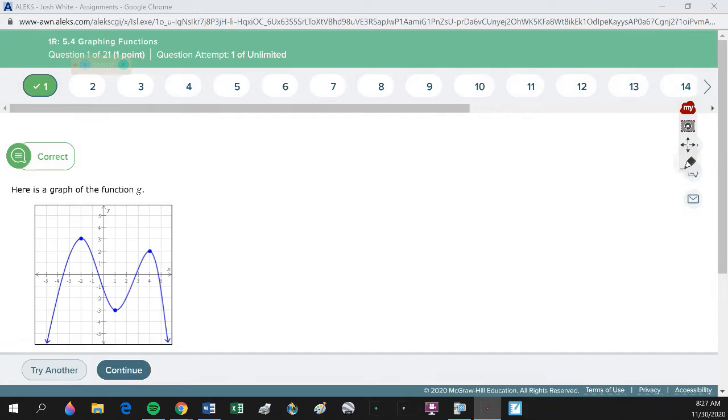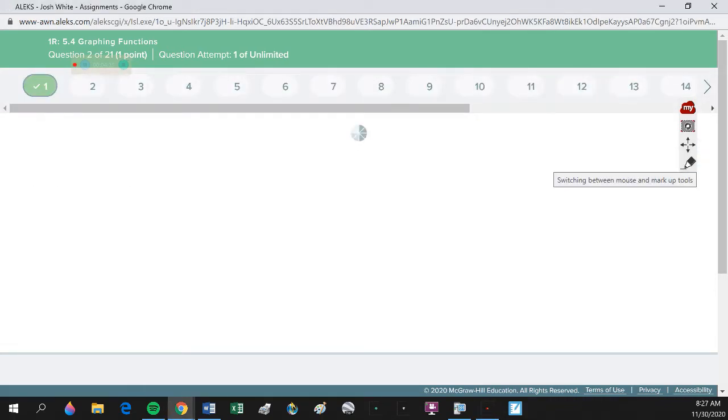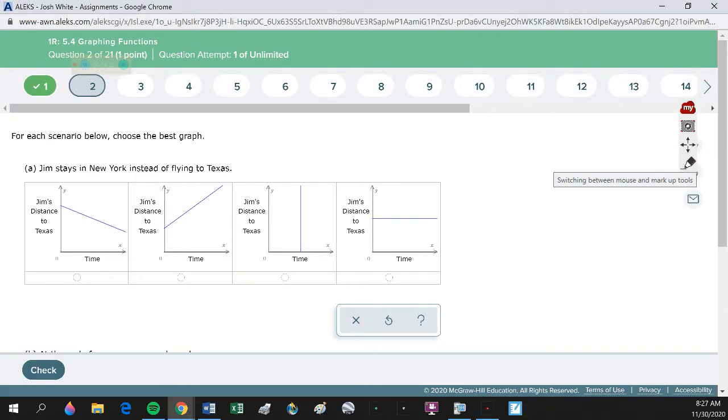All right, question 2. So we need to pick the graph that represents Jim stays in New York instead of flying to Texas. So which graph represents him staying in New York and not going to Texas?